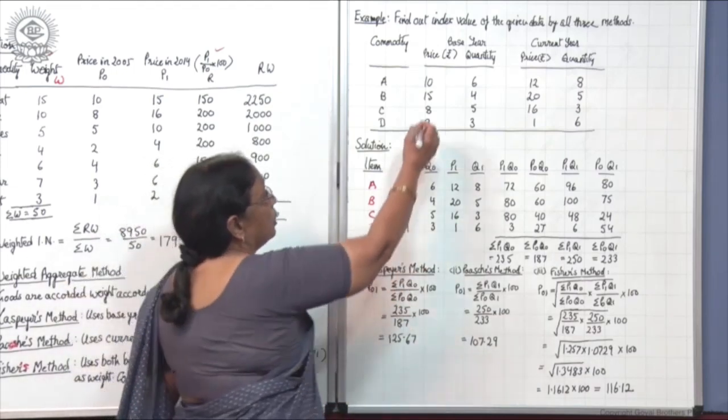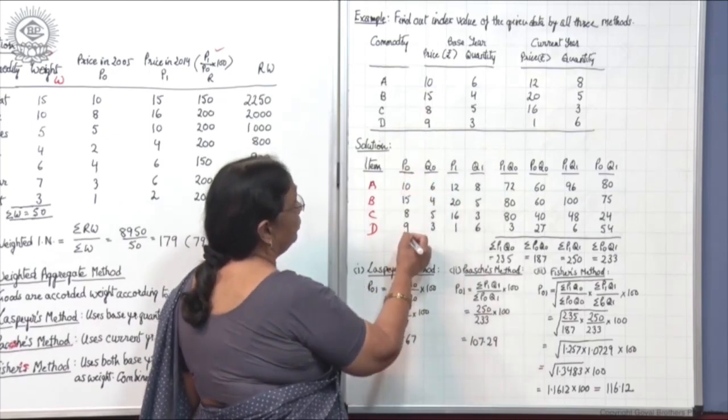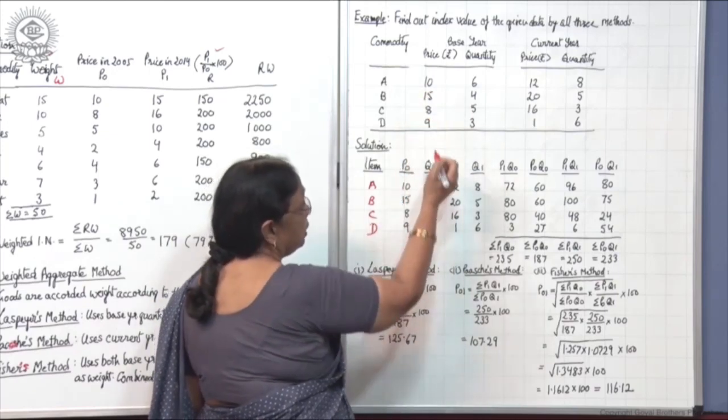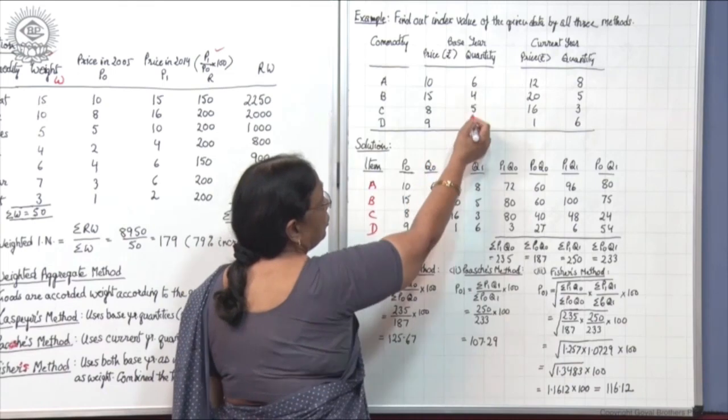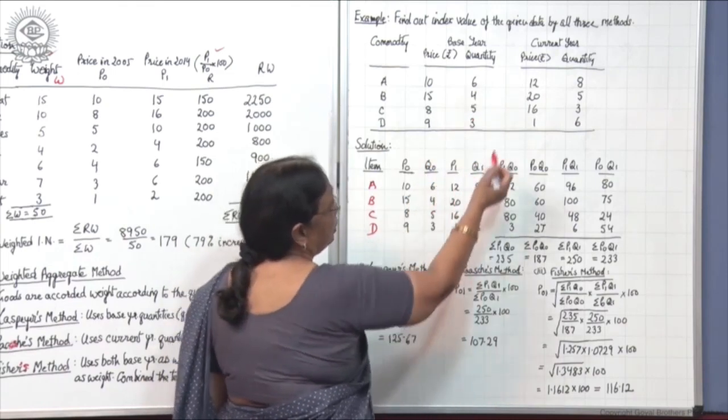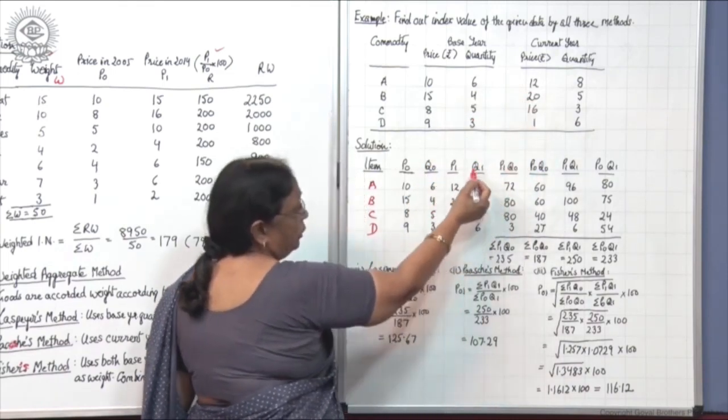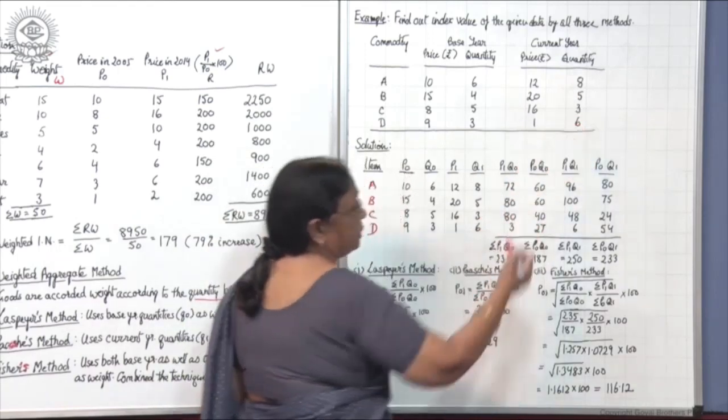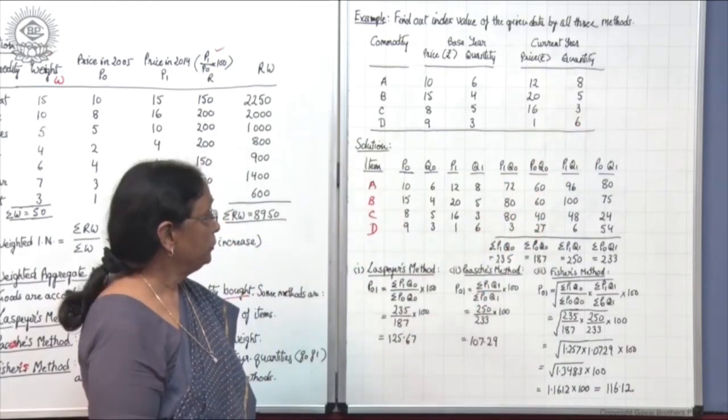So in this column, copy down the P0 data, in the Q0 column copy down this data, P1, copy down this data, and Q1, copy down this data.